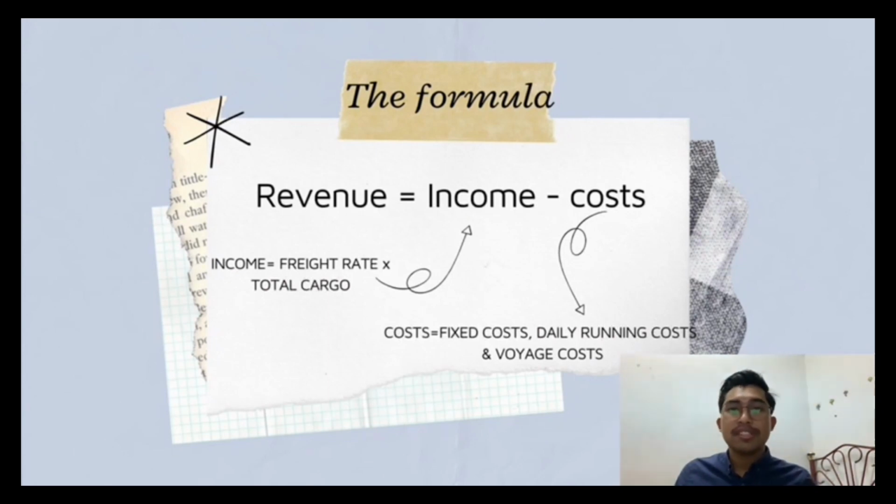The formula is revenue equals income minus cost. Income equals freight rate multiplied by total cargo. The cost equals fixed cost, daily running cost, and voyage cost.